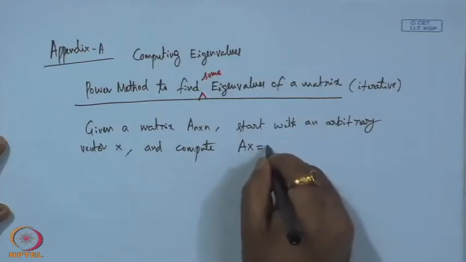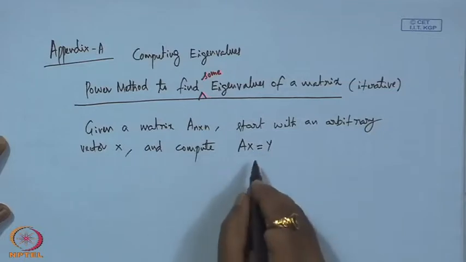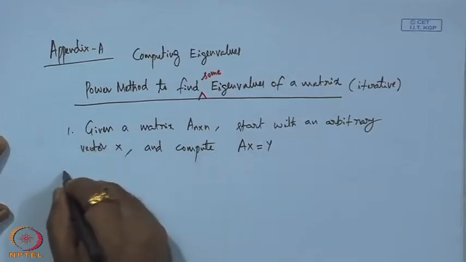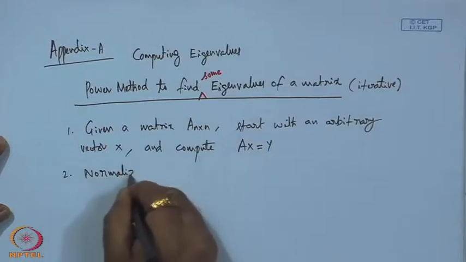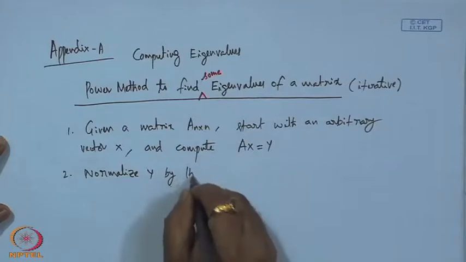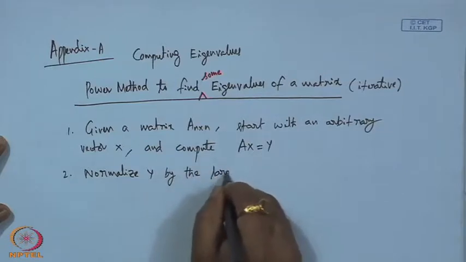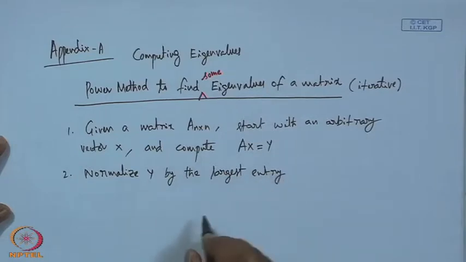Say A x equals y. Then what we do, normalize y by the largest entry.